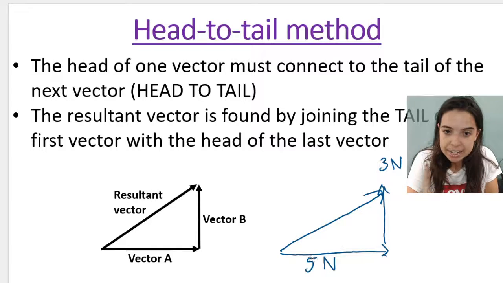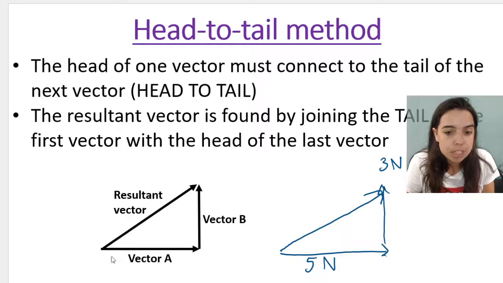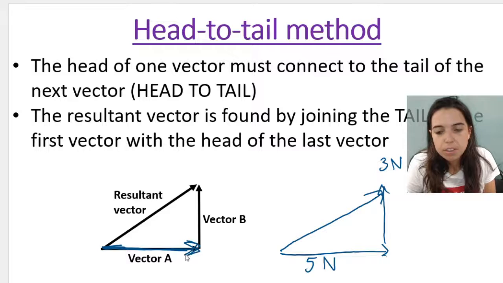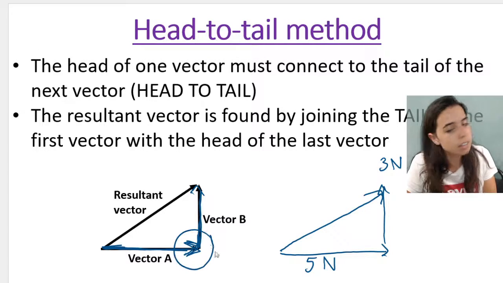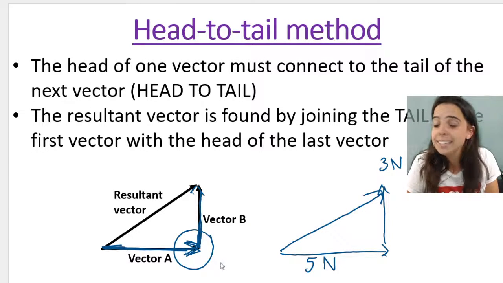Essentially, we use the head to tail method. So if you see vector A over here, it's going to the right. This is the tail of vector A. This is the head of vector A. Then I join the next vector, the tail, to the head. So you can see here, it's the head of vector A and the tail of vector B. Right, so it's head to tail, not tail to tail, not head to head.